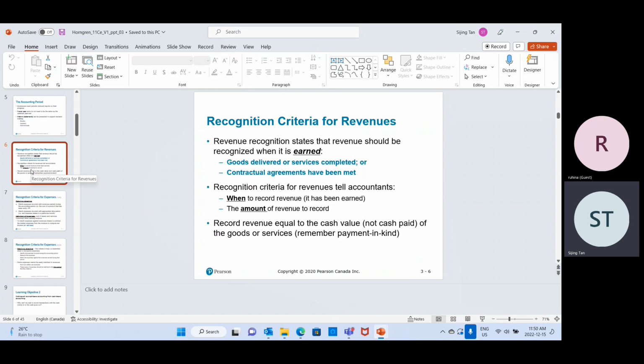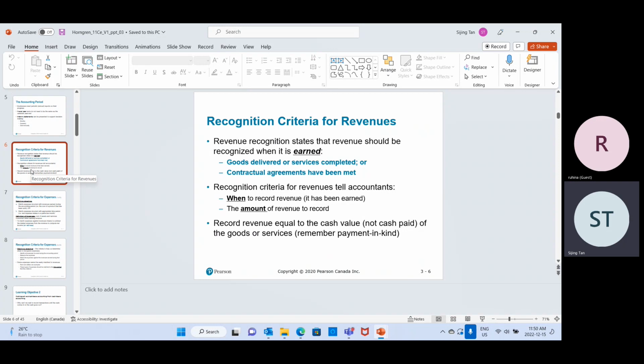Revenue is earned when the business has delivered completed goods or services to customers or clients, right? Sometimes people find it difficult to grasp the concept that revenue recognition is not related to cash. It's not related to cash. We can use an example. Say a doctor performed 3 successful surgeries during the month of December.